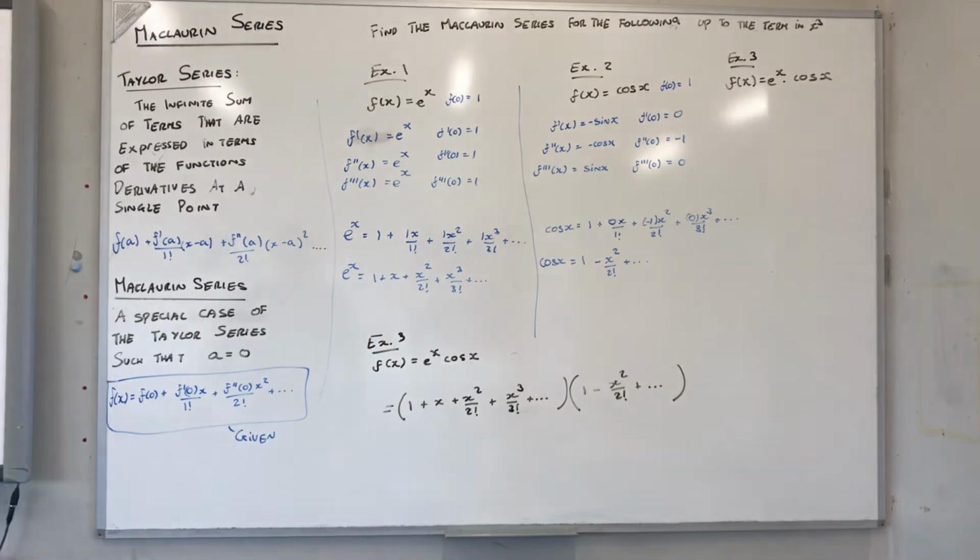So it's kind of like double brackets, but it's an infinite series, but we only want it up to the term in x cubed, and now we just multiply out and arrange.